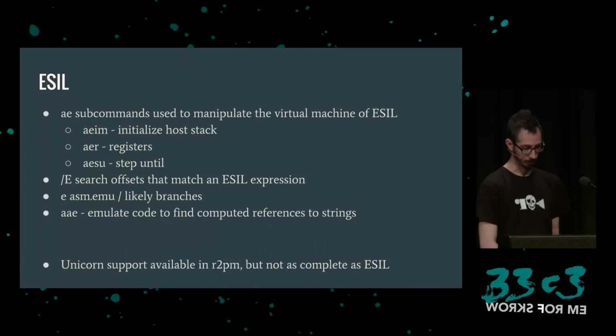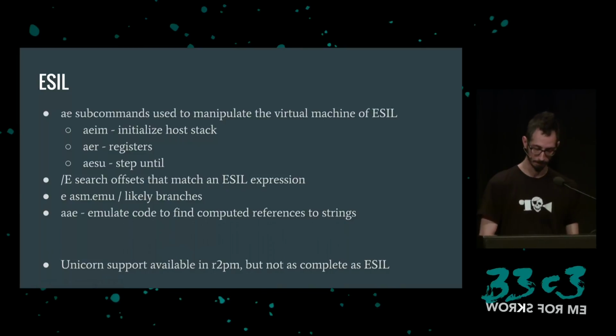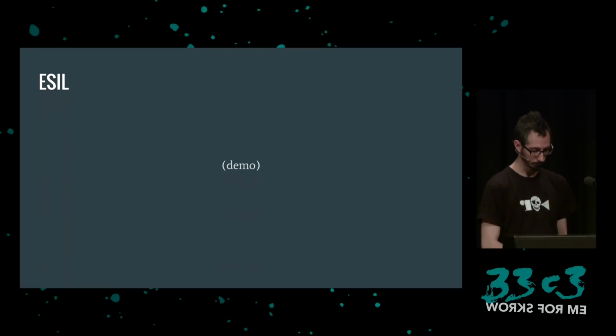Like, for example, I want to find a specific region of memory that contains some dword and then some 0, etc. You can use ESIL for this. These are some of the commands that can be used for emulation. It's basically the same as for the debugger, but using ae as prefix instead of d. And there is also support for Unicorn, but it's not as complete as the ESIL one.